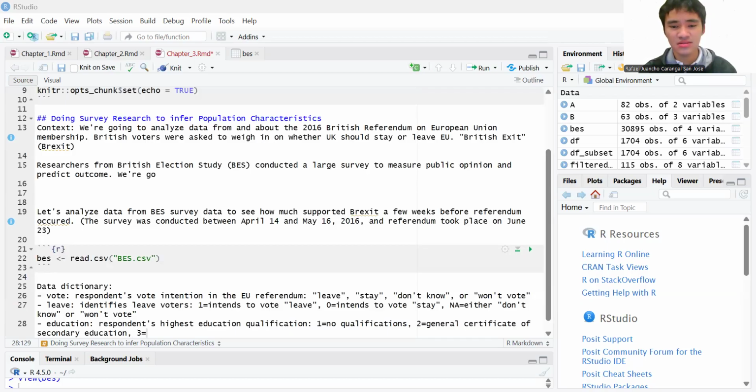Three is general certificate of education advanced level. Okay. Four, undergrad degree.